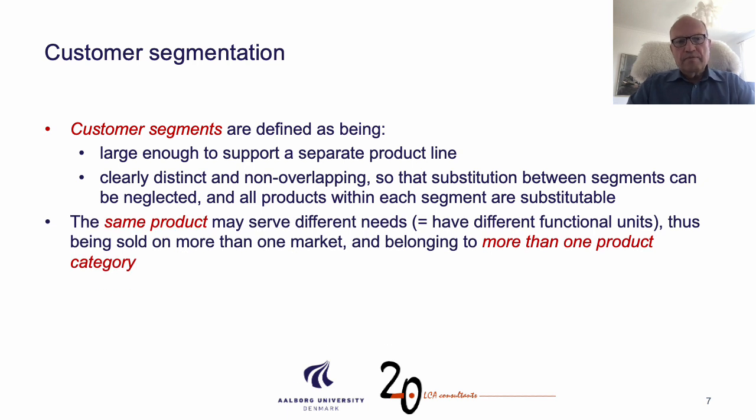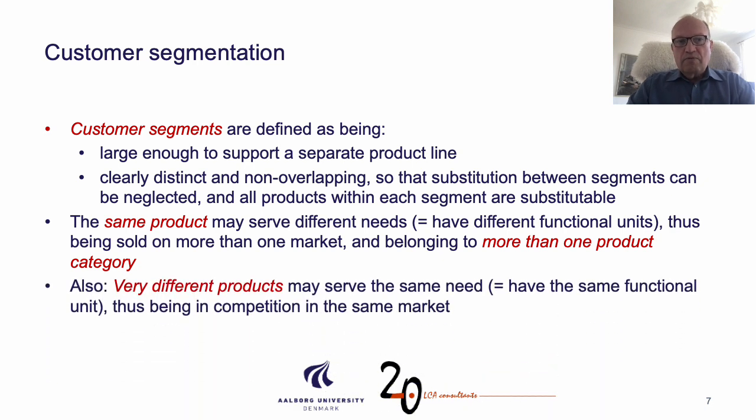The same product may serve different needs, that is, having different functional units, thus being sold on more than one market, belonging to more than one product category. Also, very different products may serve the same need, that is, have the same functional unit, thus being in competition on the same market.